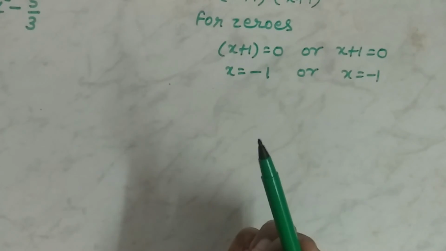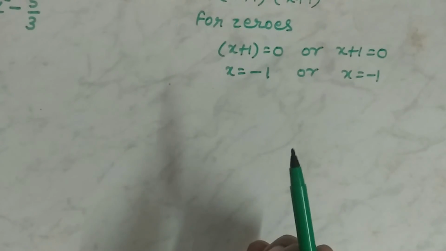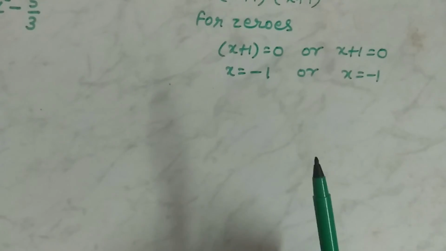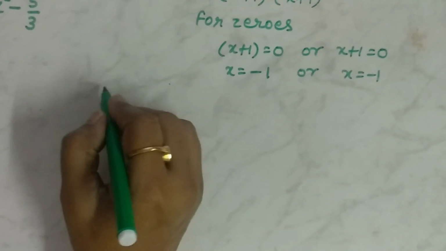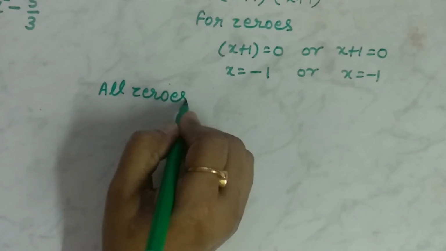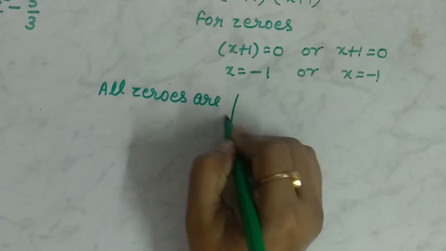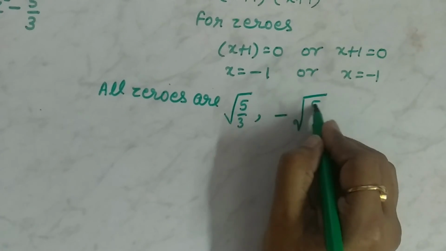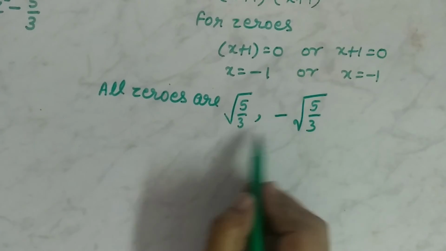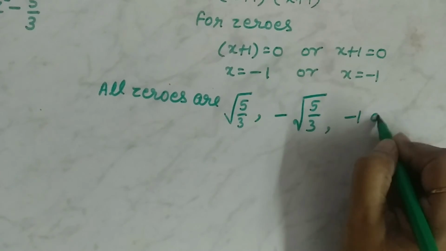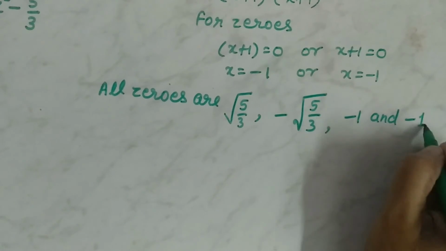So the question was to obtain all zeros of 3x to the power 4 plus 6x cube minus 2x square minus 10x minus 5. So all zeros are square root of 5 upon 3 comma minus square root of 5 upon 3. These are the two zeros which are already given. Remaining zeros are minus 1 and minus 1.